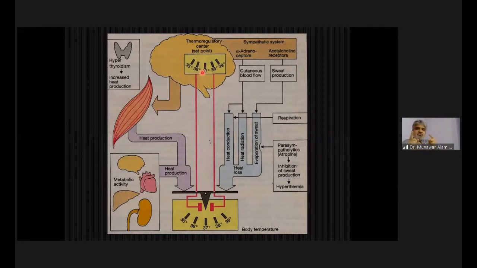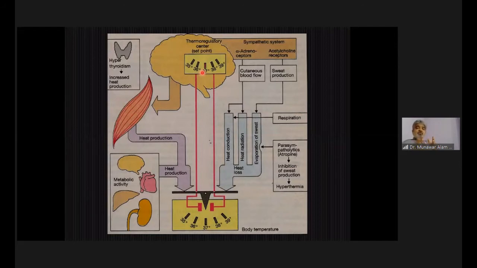When it is below 37, it generates the heat and sends messages to the muscles that my body temperature is going down, so please start generating the heat. In response to that feedback, there are rhythmic contractions of the skeletal muscles and they generate the heat. We call it shivering.